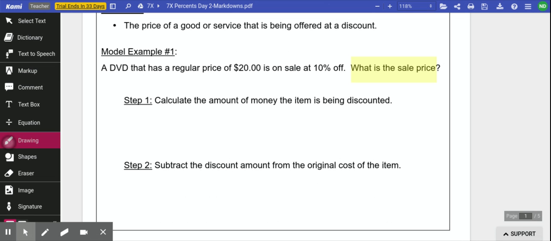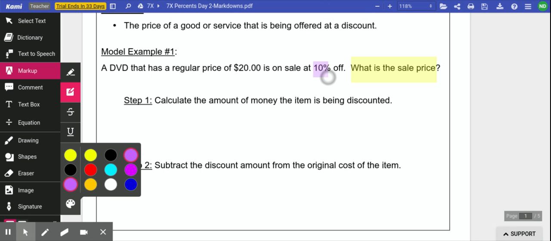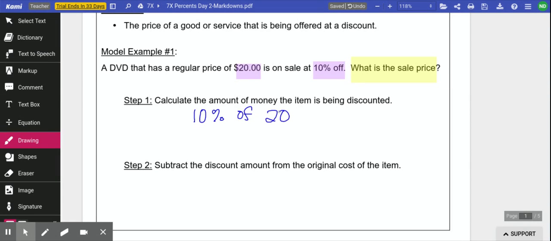So I first have to determine what is 10% off of $20. What is 10% of 20? So again, I'm finding the percent of a number. If we remember from yesterday, when we find the percent of a number, that keyword is of. Of tells me I have to multiply my percentage times my number, which is 20 in this case.